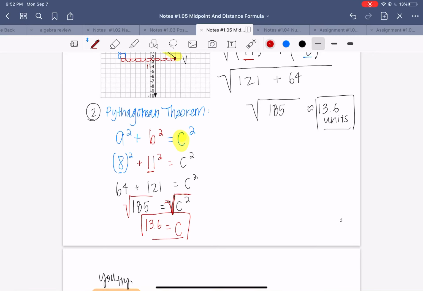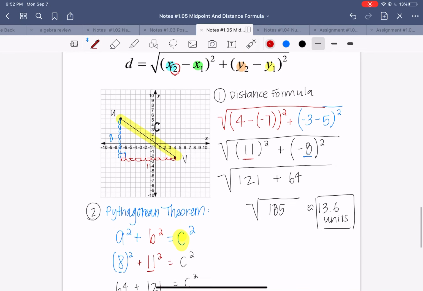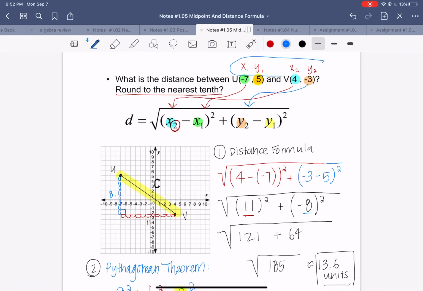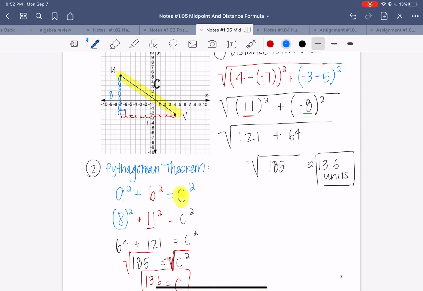So either way gets you the same answer. I do not care which way you use. You can use the formula, but you have to make sure you label correctly and plug it into the formula correctly. You can use the Pythagorean theorem, but your first step is to always make a right triangle. Make a right triangle, count your units, and then plug it into the formula.